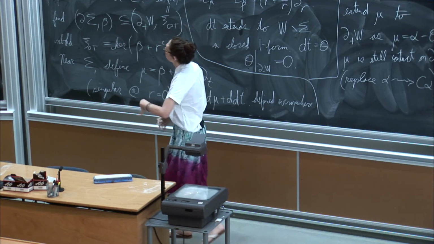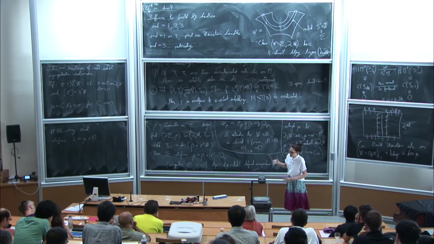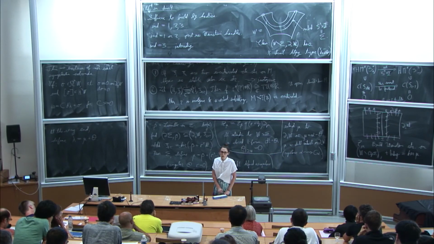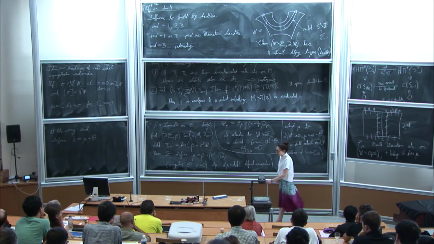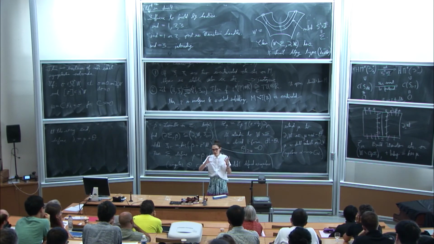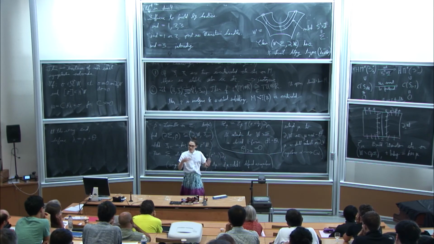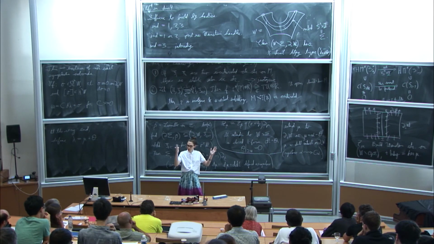That's a theorem of myself with Roger Casals and Fran Presas, which is kind of a separate result. Since I have this concordance, I can always just chop that off the top. And even in the high dimensional case, I can work with overtwisted the whole time.